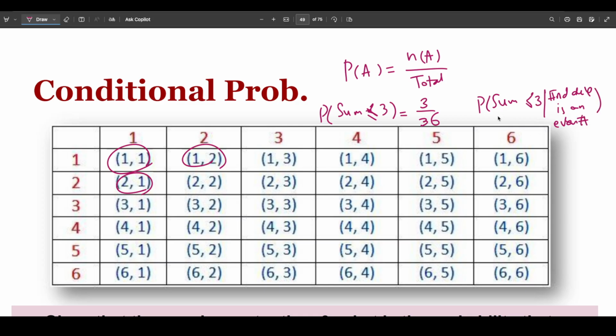Okay, so I'm asking you, what is the probability of having the sum of the two dice less than or equal to 3, given that the second die is an even number?